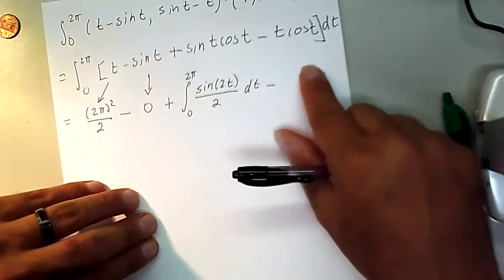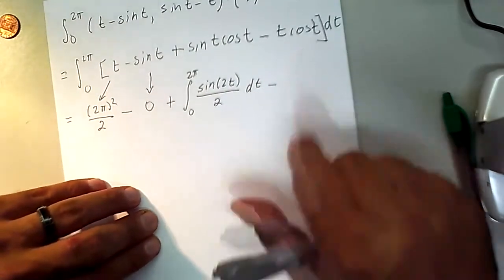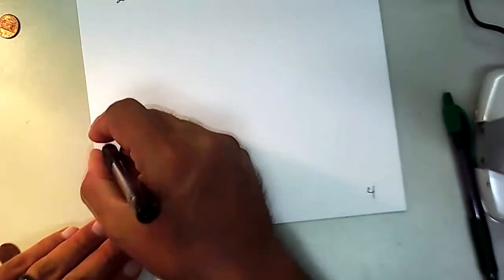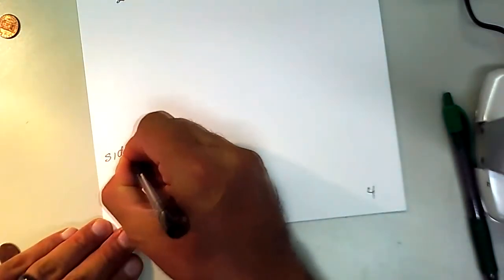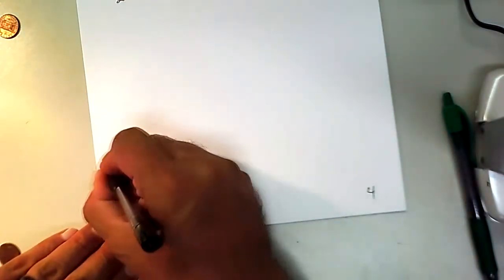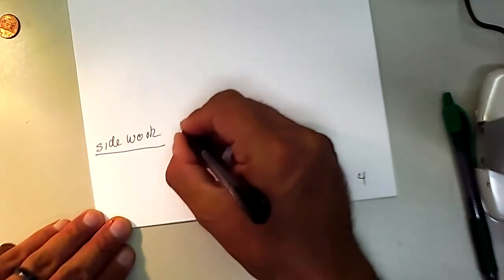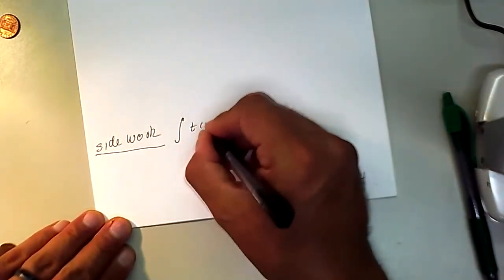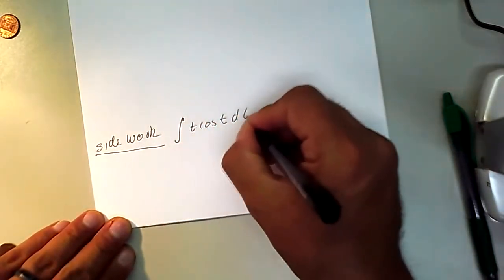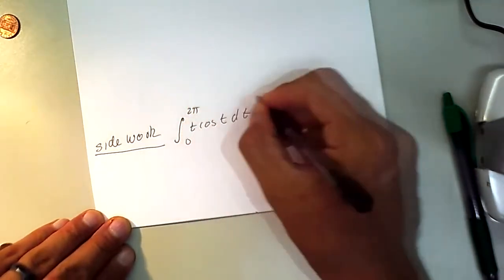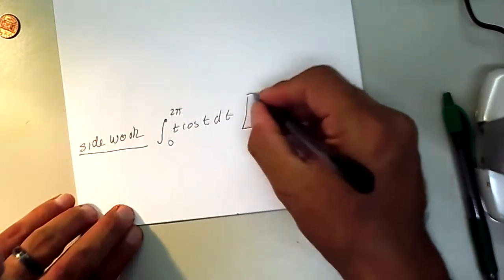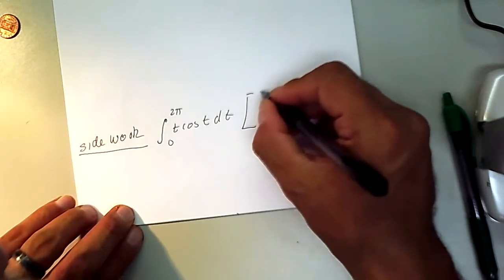okay, I'm going to do a little bit of side work, t cosine t, down here. Side work. We want to find the integral of t cosine t dt from 0 to 2 pi. And we're going to use integration by parts.